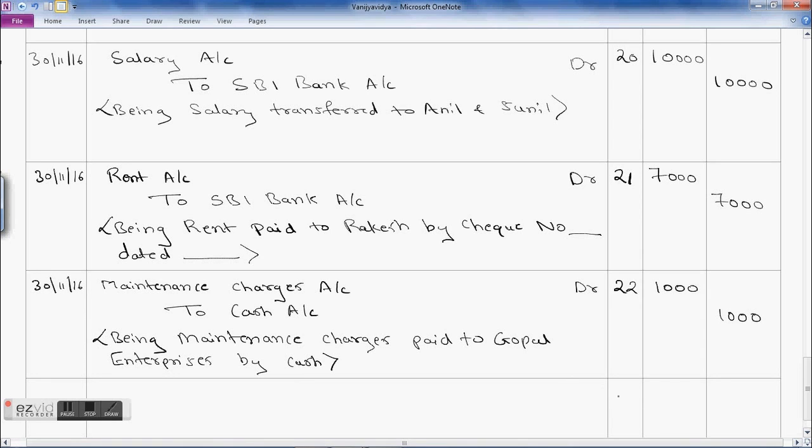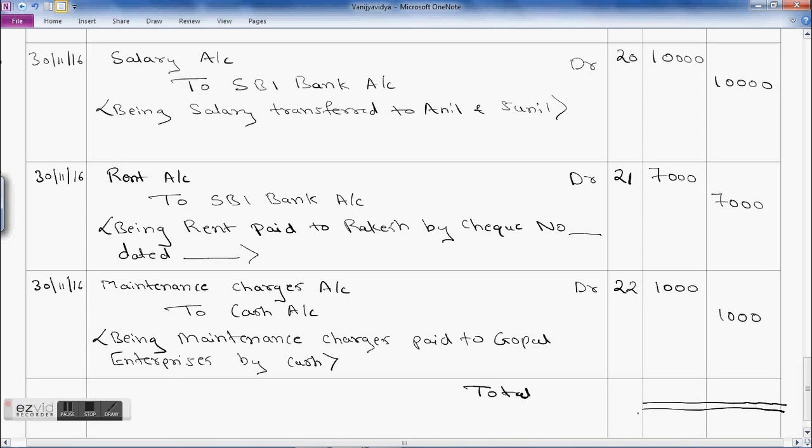Once all the journal entries are done, usually when you do it on the book, on every page, at the end of the page you have to take a total of the journal entry, that is the total of debit balance and credit balance. And this total you have to carry forward on the first line of the next page.